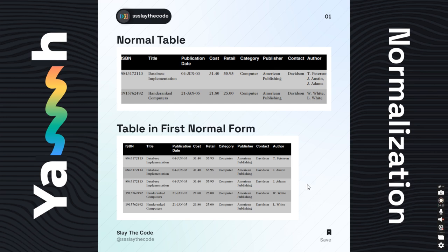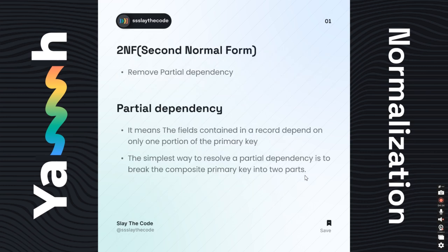So we will move this table to second normal form. Now let's see what the second normal form is. The second normal form is to remove partial dependency from our database tables. Partial dependency means the fields in our record do not depend on the whole primary key.